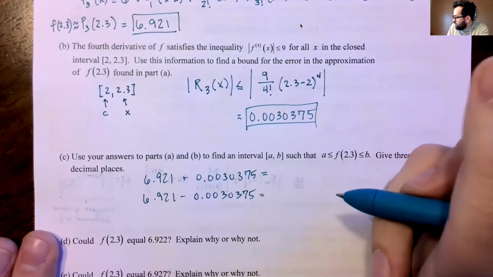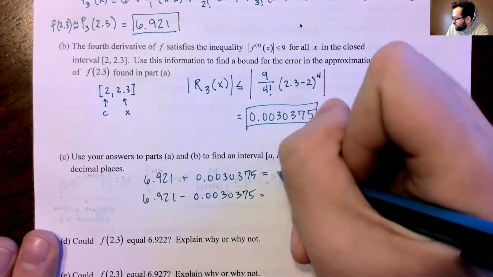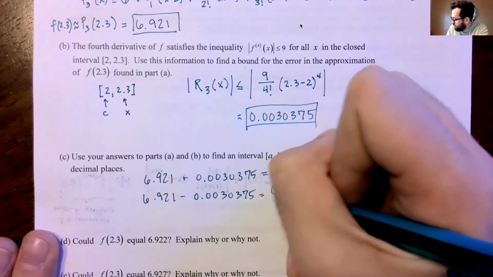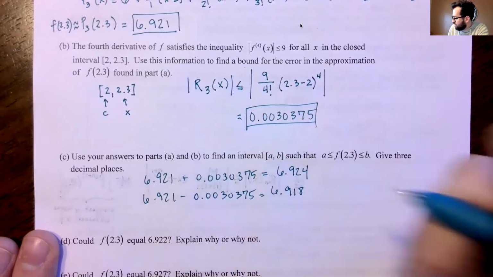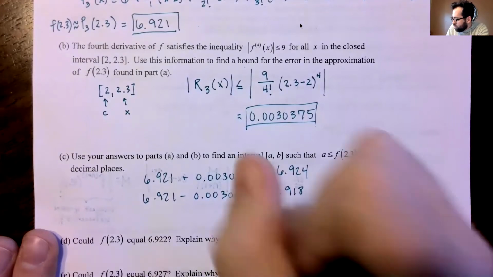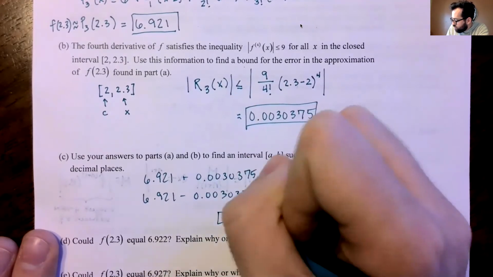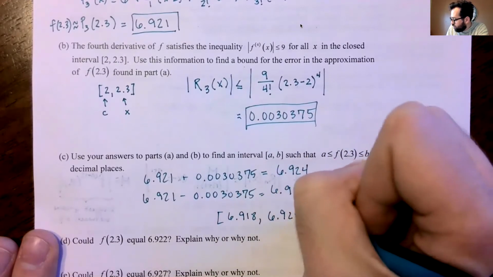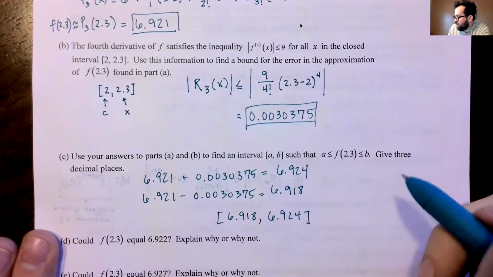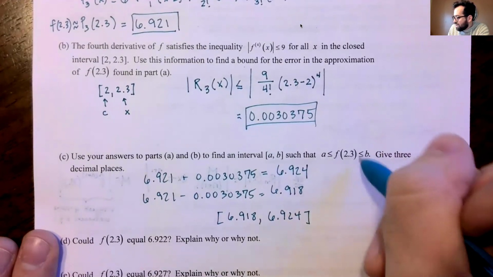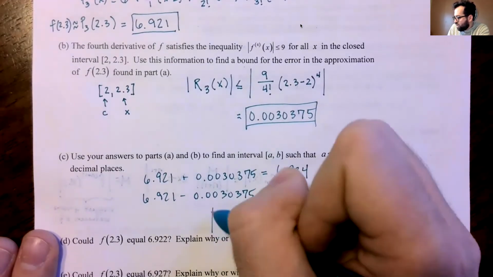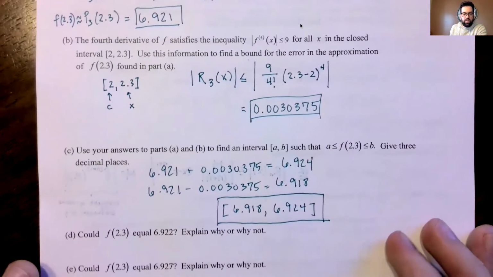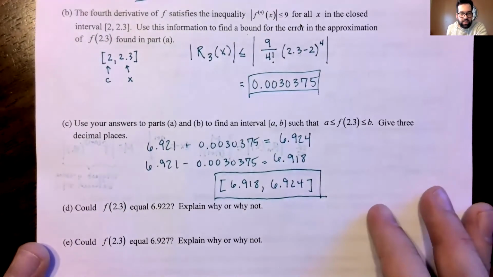And we are told to round to 3 decimal places for each. So I'm going to say that we get 6.924 and 6.918. So our interval goes from 6.918 to 6.924. And our actual value of f of 2.3 has to be somewhere in that interval. Because that's how we bounded it.